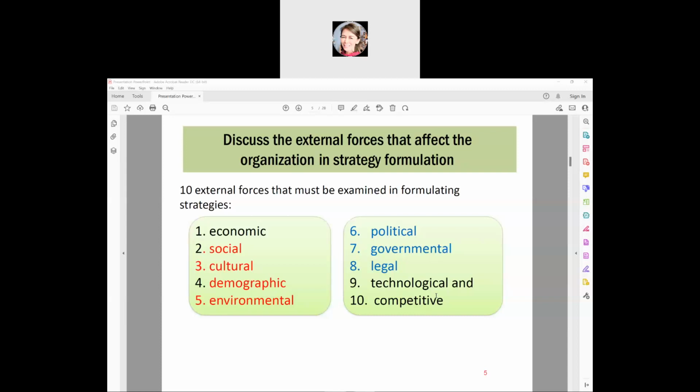If you do have additional information other than just the textbook, that's totally fine. You can use it as long as it helps you understand. But the point here is you need to at least try to understand each and every one of these external factors and how it affects the organization.